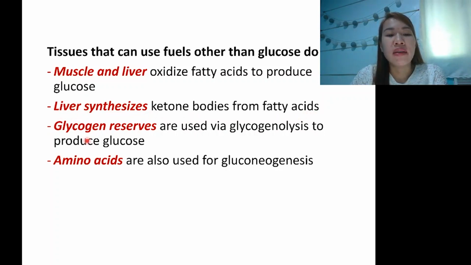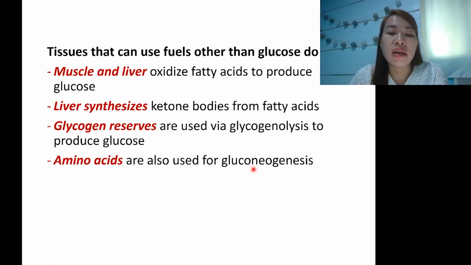Okay? And we have what we call glycogen reserves, and these are used via glycogenolysis to produce glucose. Remember the catabolic process, lysis, we destroy the glycogen, and this will be converted back into glucose. Amino acids are also used for gluconeogenesis. Now, when you see the term, as I've mentioned earlier, genesis means production or synthesis.